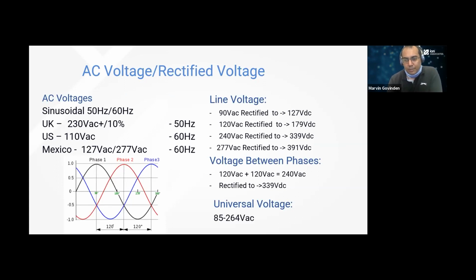We have to take into account if our input circuitry will withstand those voltage spikes and variations. A lot of our apparatus, as you will know, use universal voltage supplies that could be anywhere between 85 to 264 volts AC. And we tend to see those on the adapters for our computers.